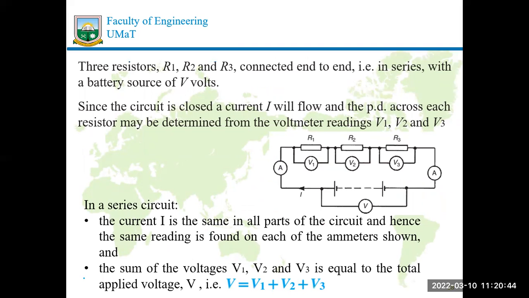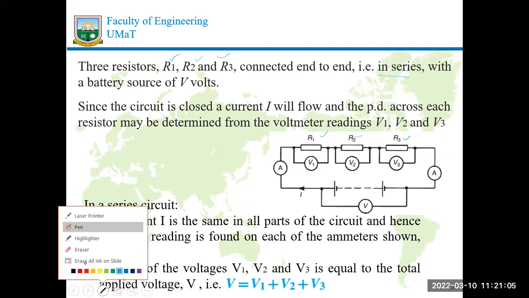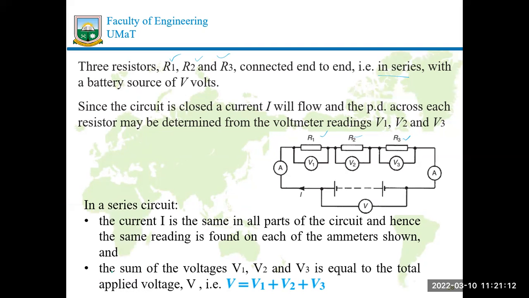All right. So what about voltage in such a case? For us to do that analysis, we have three resistors, R1, R2, and R3, connected end to end in series. Across these three resistors, we have connected a voltage source here.